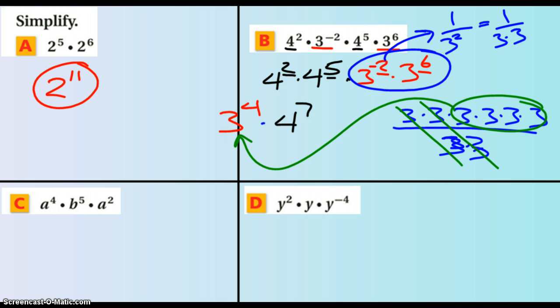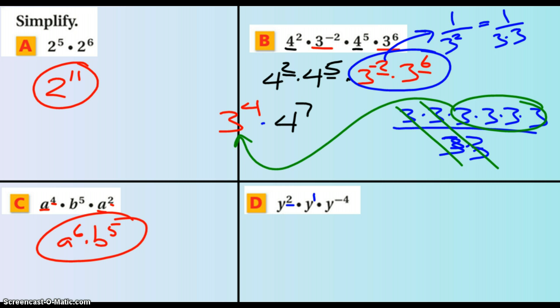Okay. Letter C, again, you'd have to reorder, but since everything's being multiplied here, I could say A, those are my two bases that are the same, add my 4 and my 2 together, A to the 6th times B to the 5th. And you don't have to put the little dot in there if you don't want to. And just to be careful on letter D, remember that if you don't see a power, that means it's to the first power.